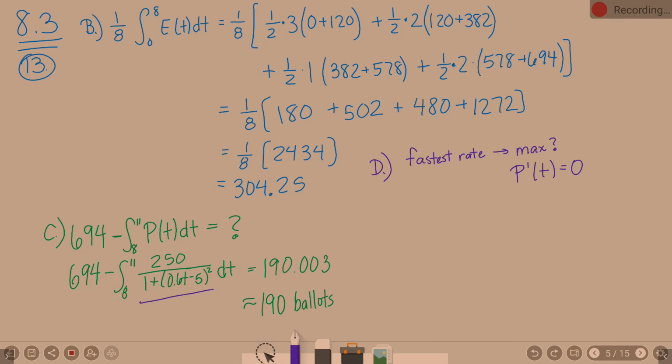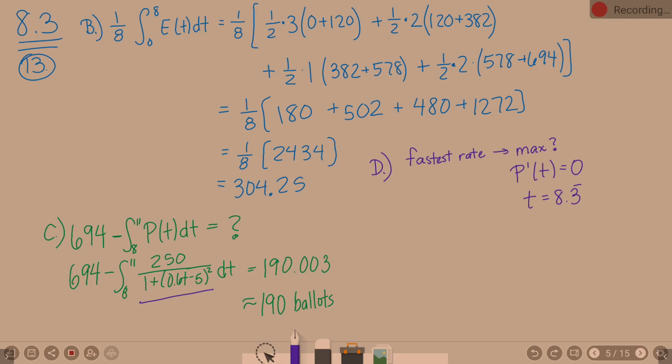Okay? So, what do we know? 8.3 repeating. Now, here's the deal, guys. With this in mind, when we talk about something like this, one where the ballots are being counted at the fastest rate, officially, we check any critical points.